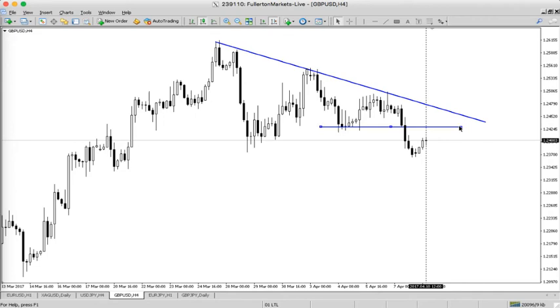and the price is currently retracing upwards.